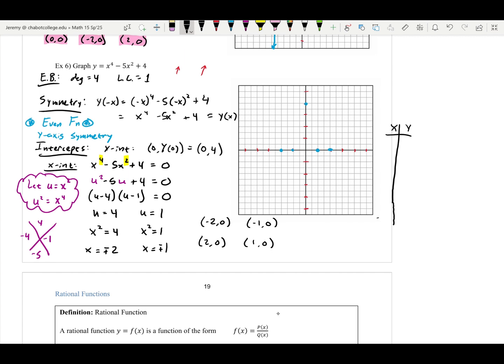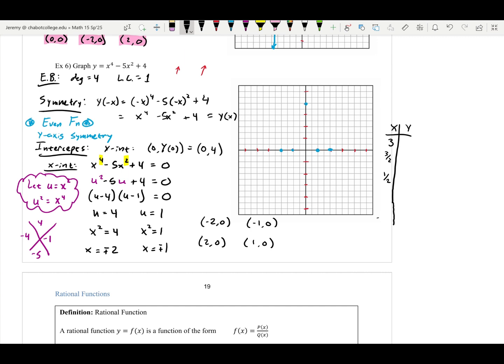So maybe looking at the right hand side, I'd like to know what's happening at +3. Maybe between 1 and 2, so like 3/2, maybe 1/2 as well. And since I know that I have y-axis symmetry, I'm not going to test any values to the left of the y-axis. I'm just going to reflect the points over once I get these 3 ordered pairs.